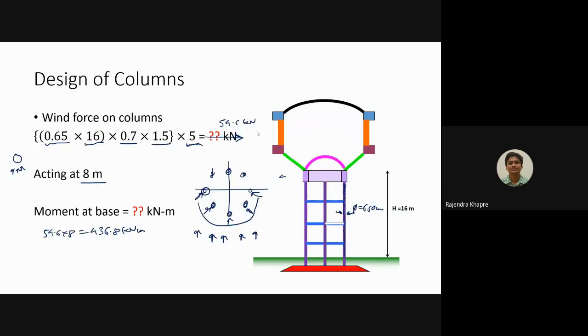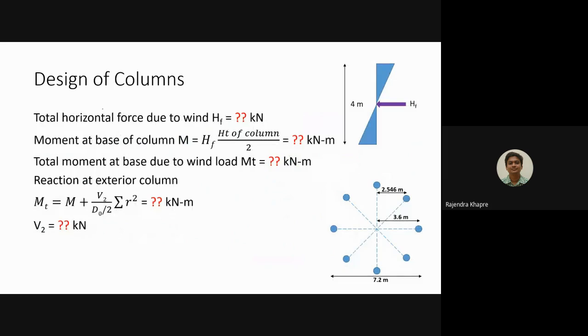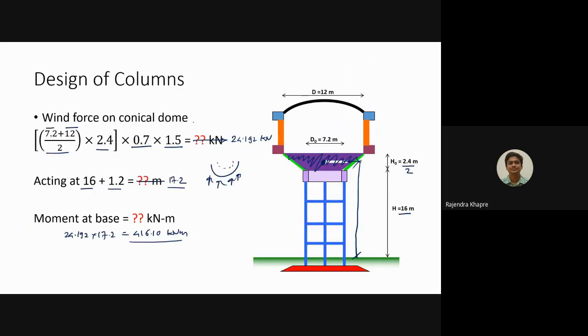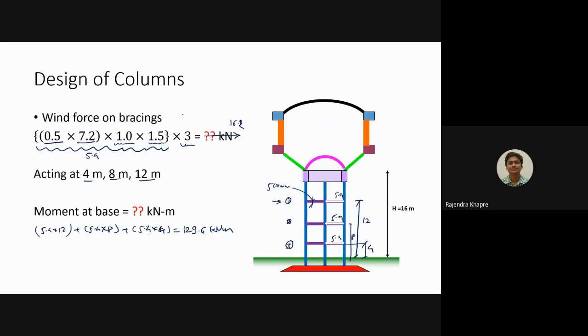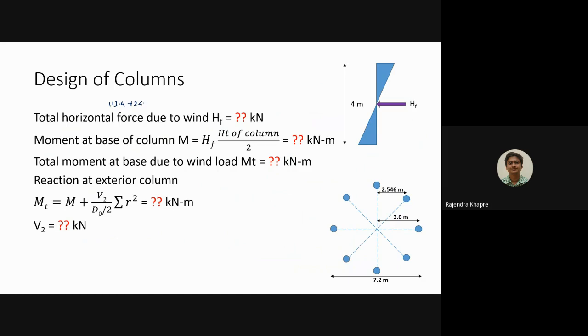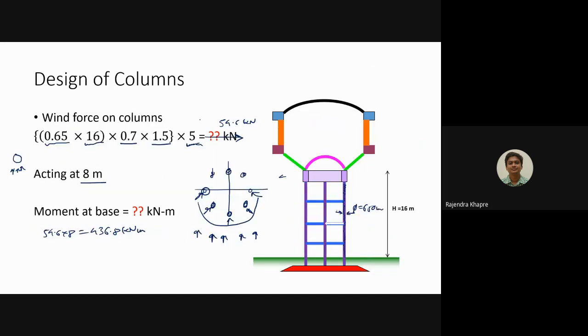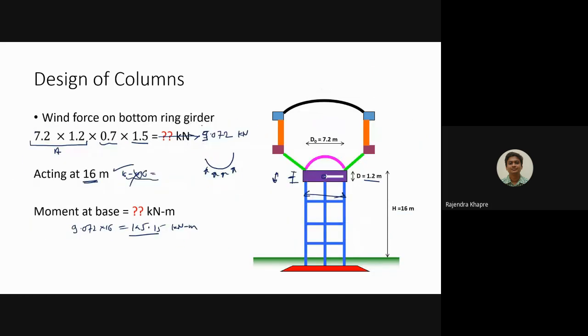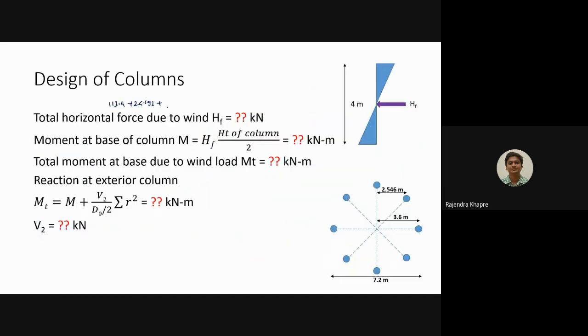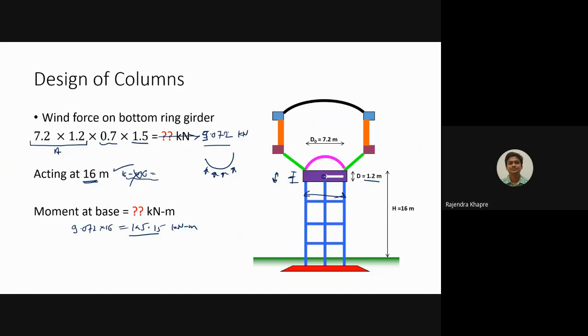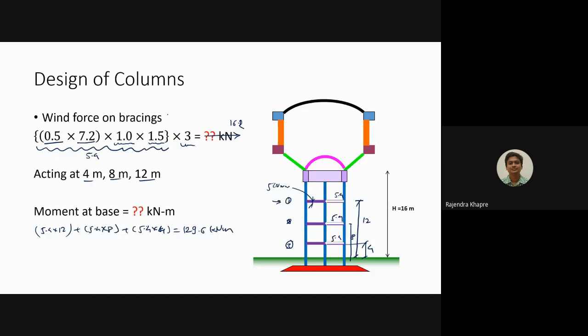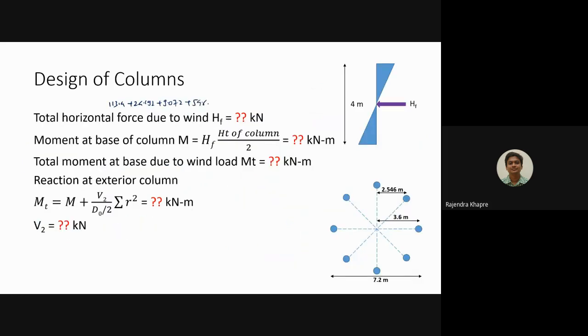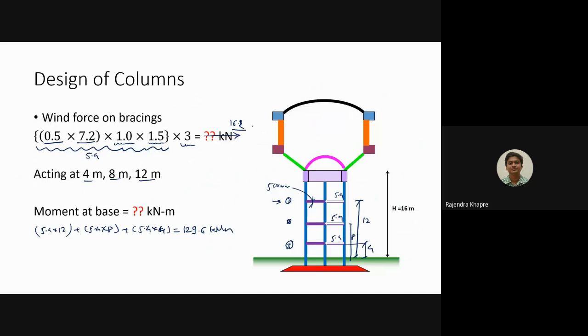So the first horizontal force is 113.4. Then we have 24.192, then 9.072, then 54.6, and lastly 16.2.